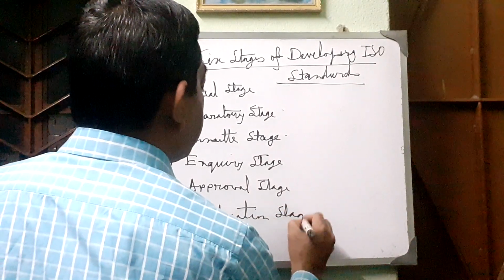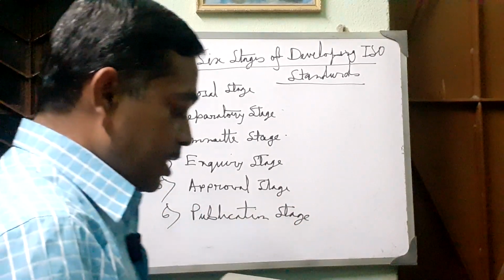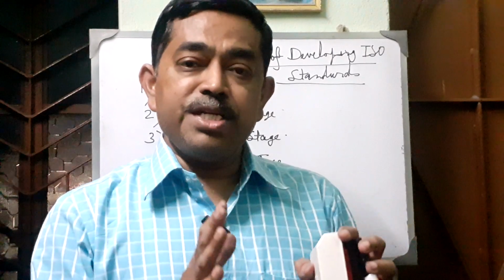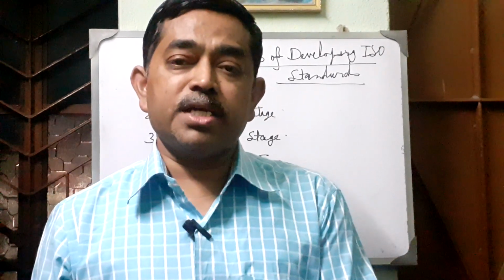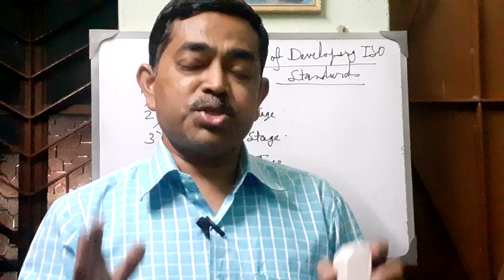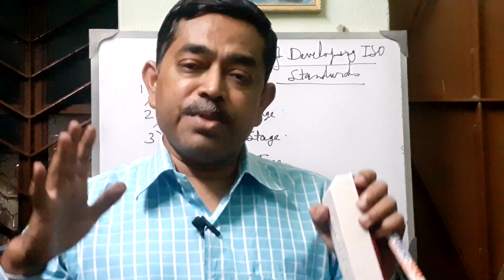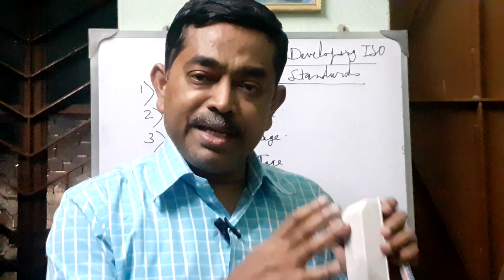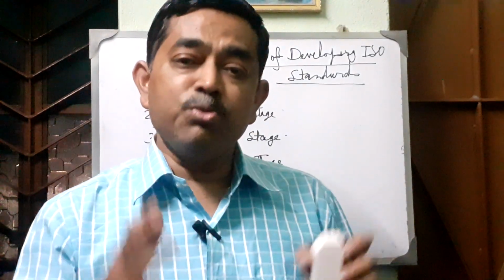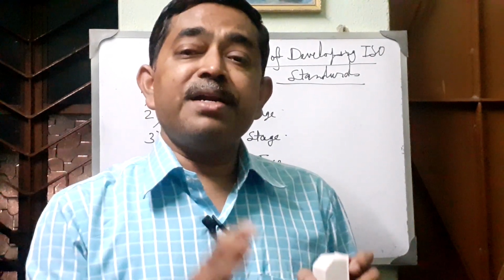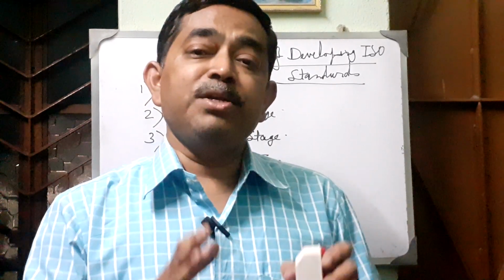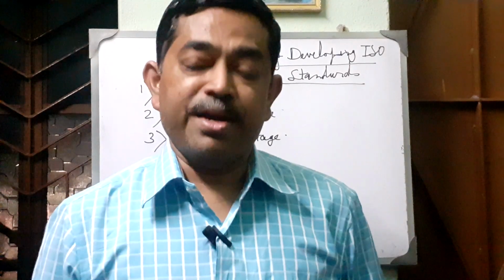Now, the first stage is the proposal stage. Generally, industry associations and other customer and consumer groups make a request for a new standard, and the relevant ISO committee determines whether this new standard is indeed required.